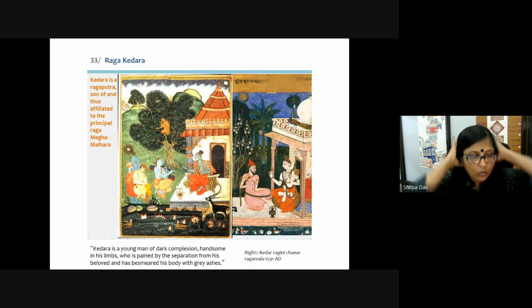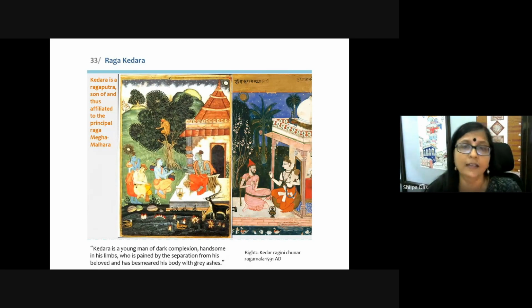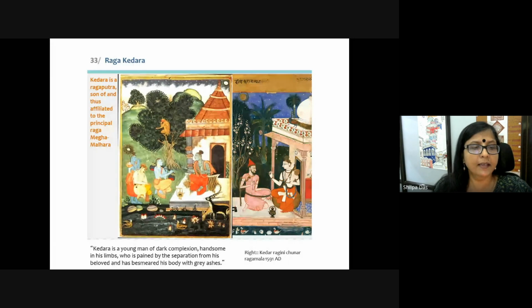We do not know which god or goddess is in the shrine, but because his body is typically smeared with ashes, and because of the tiger bark, because Shiva is sometimes shown to sit on the bark of a deer or a tiger, we can very safely guess that this is a shrine of Shiva. And Kedar, as you know, is another name for Shiva.